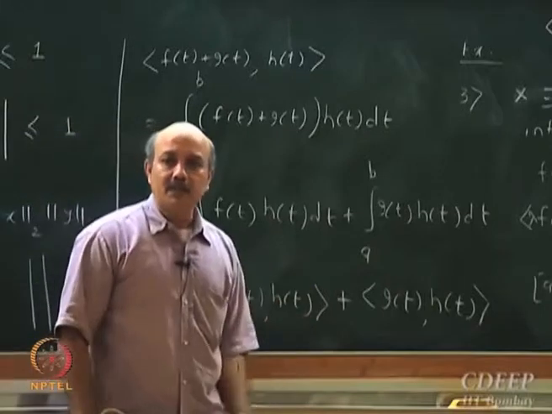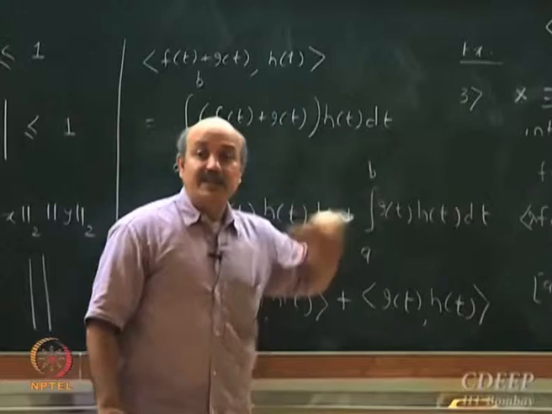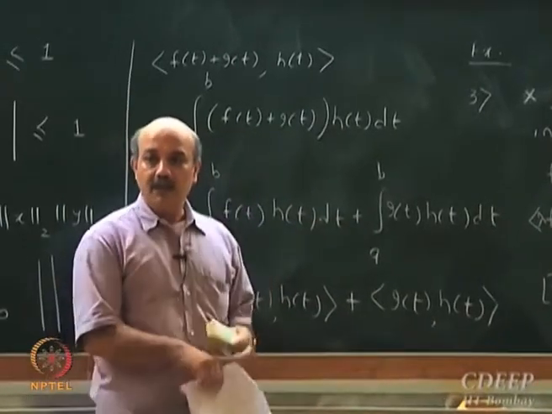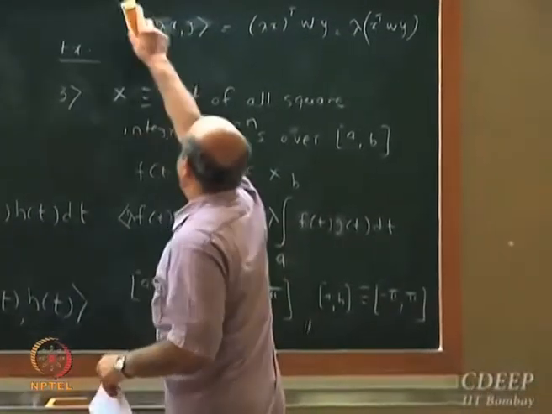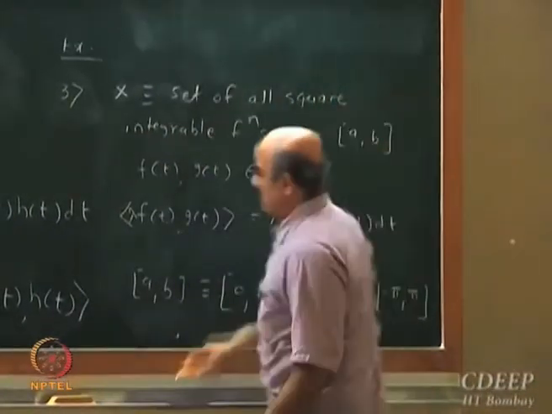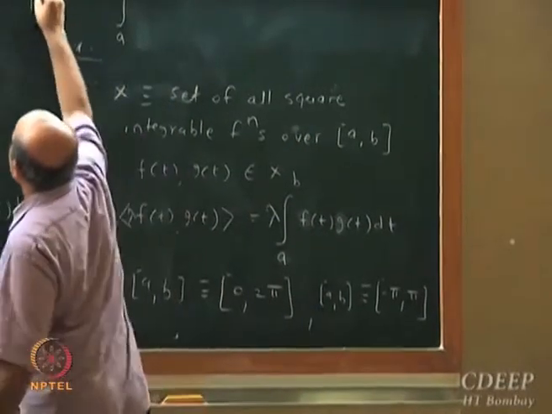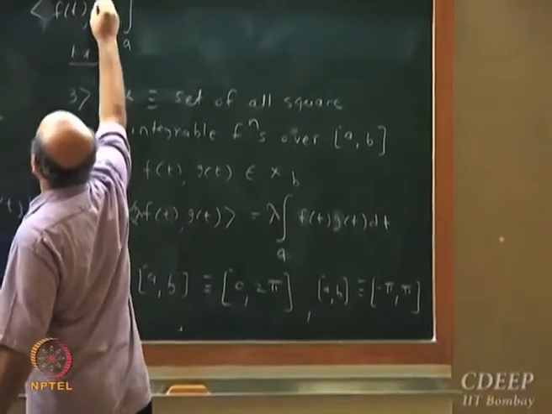What about the fourth axiom? If I take the inner product of a function f with itself, what will happen? Will it always be a positive number? Why? So my fourth axiom is the integral of f(t) with f(t).